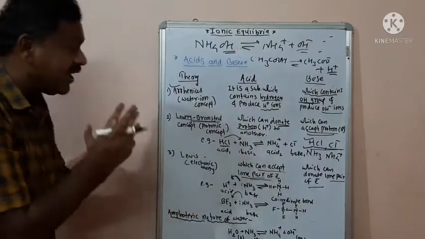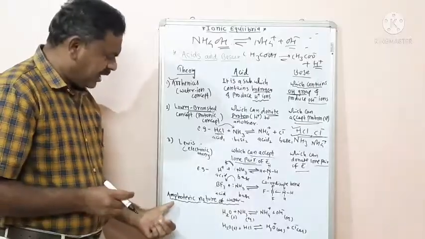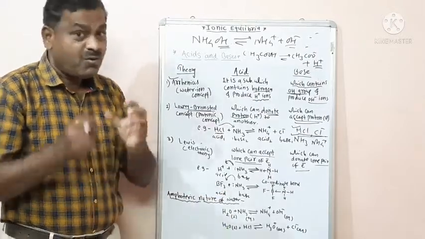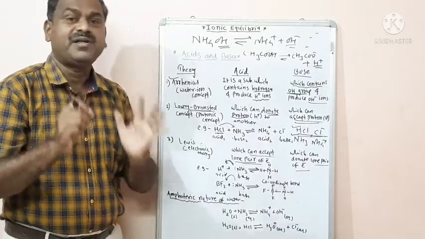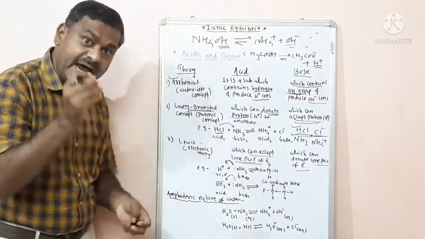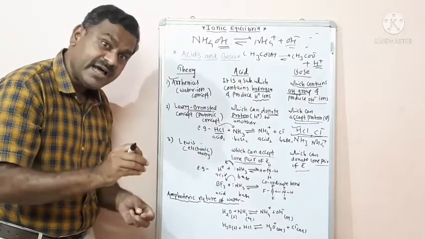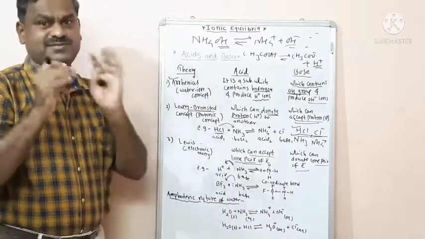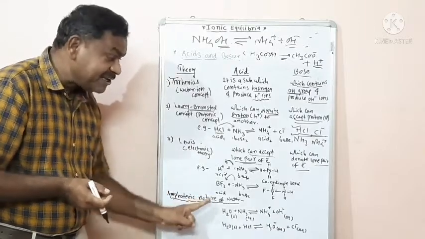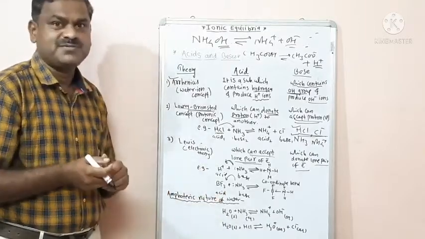Now, the amphoteric nature of water. Water is amphoteric because it can act as an acid as well as a base.